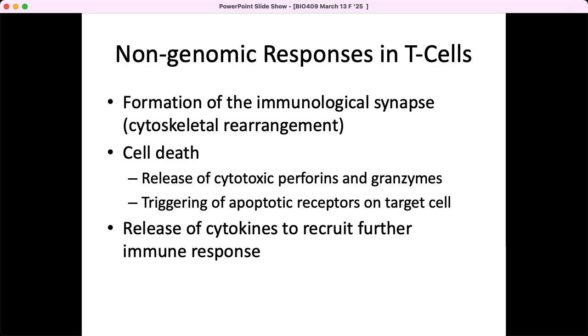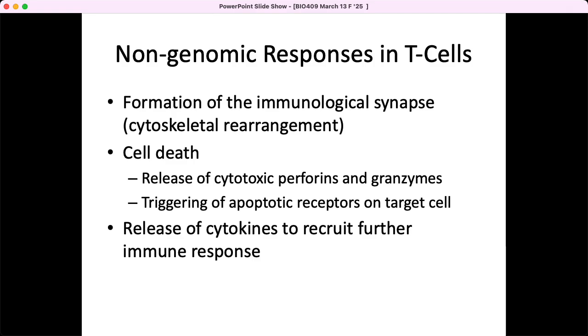Cell death, really what I mean to say here is target cell death. The T cells aren't going to die. They're actually going to proliferate. But the target cell is going to die. And the T cells kill them in two different ways. One of which we're going to talk a lot about in class, which is they induce targeted cell death, apoptosis, in their target cells.